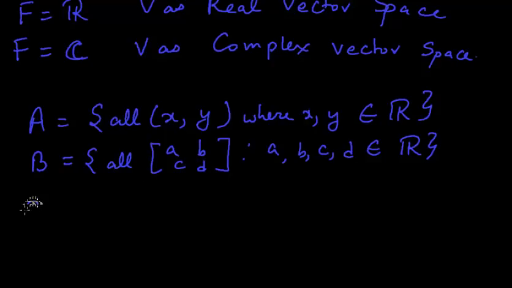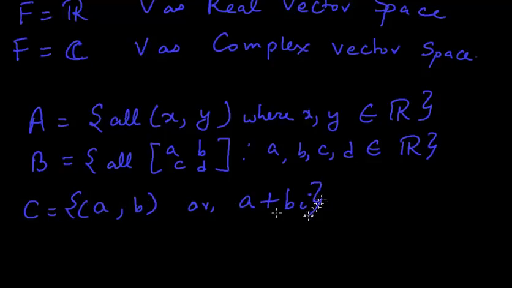Complex numbers: you could write them as an ordered pair or a plus bi. If the addition is component-wise addition and multiplication is scalar multiplication for all the components, then this set of complex numbers is also a vector space.